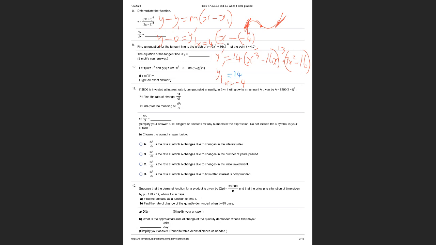I have 14 parentheses, negative 4 cubed minus 16 times negative 4, multiplied by 3 times negative 4 squared. That's going to be 3 times 16, 3 times negative 4 squared minus 16. Simplify this. Whatever you have is the slope. This answer gives you the slope.